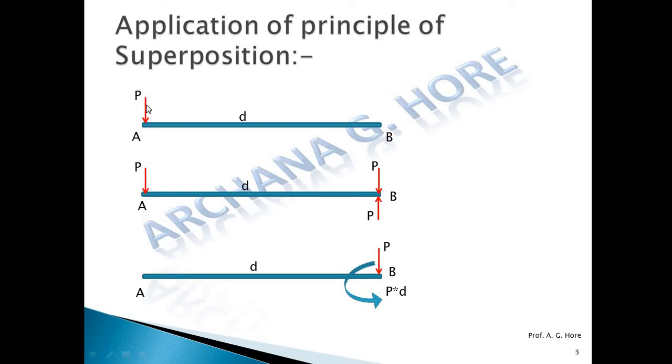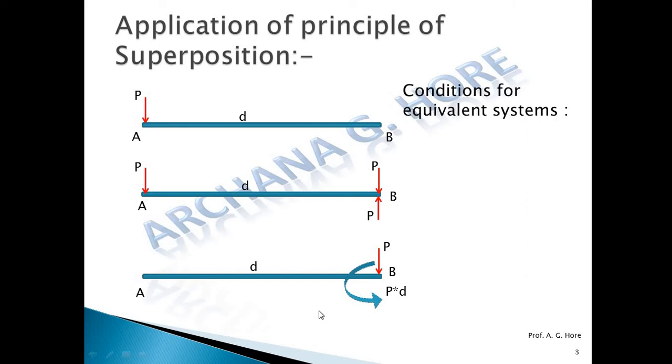Numerically, transfer the force that is given in the system as it is with the same direction, with the same magnitude, along with the couple, or along with the moment of that force about that point. Now these two systems, first and last system, are also known as equivalent systems.